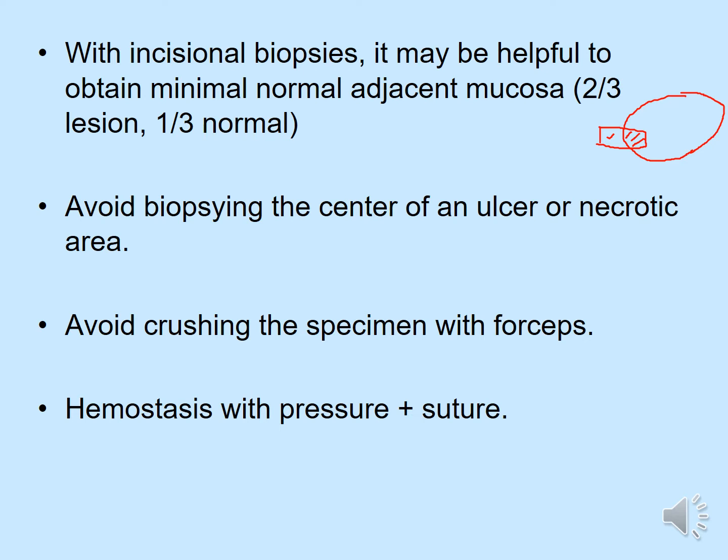Next, we avoid biopsying the center of an ulcer or a necrotic area. What does that mean? If you have a large ulcerative lesion here, you do not take the biopsy from the central necrotic area. The reason is that the cells you will see would be dead necrotic cells, and we will not be able to come up with a histopathological diagnosis.